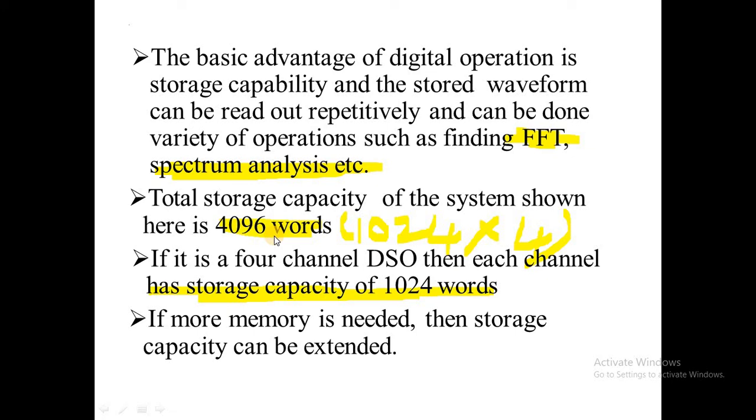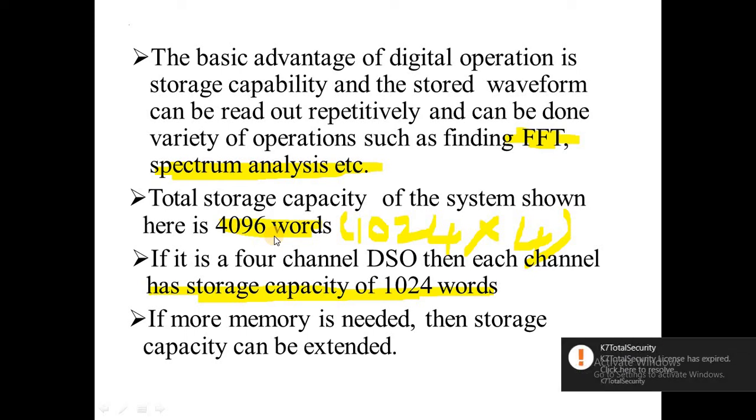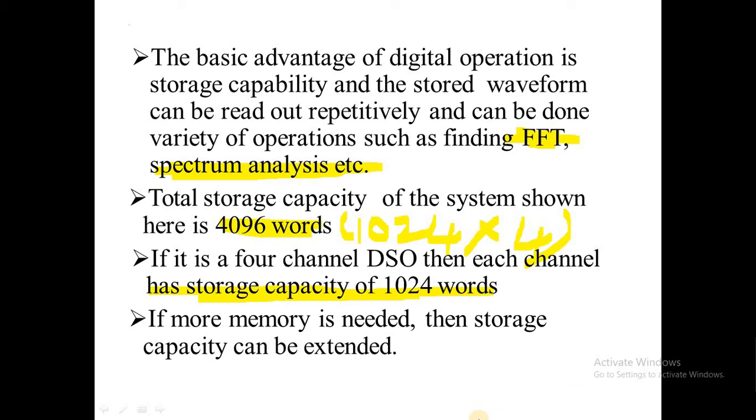The main advantage of a DSO is the storage capability. It can also be used for finding the fast Fourier transform, for analyzing radiation patterns, and for spectrum analysis. This DSO is very useful. Nowadays, in modern days, we are mostly concentrating on the DSO only.